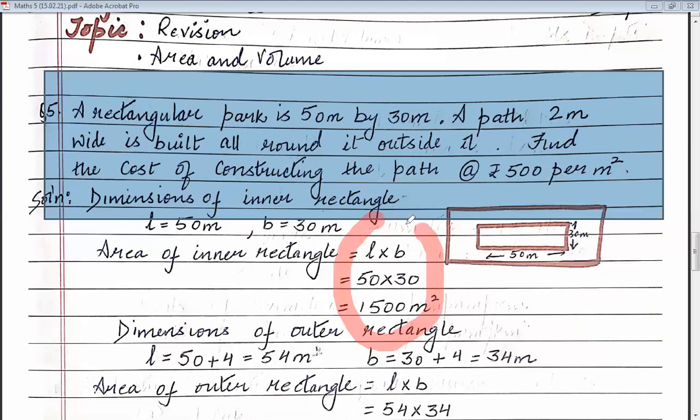What you have to do, area of inner rectangle will be L into B, that is 15 into 30. After multiplication you will get 1500 meter square. Okay, now you have to find the area of the outer rectangle, because that is your outer one only.